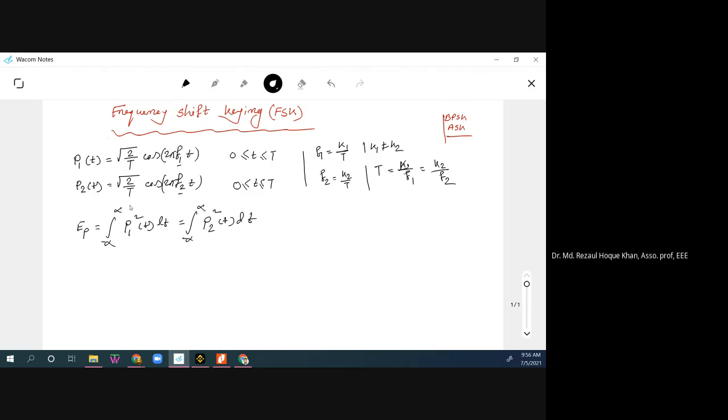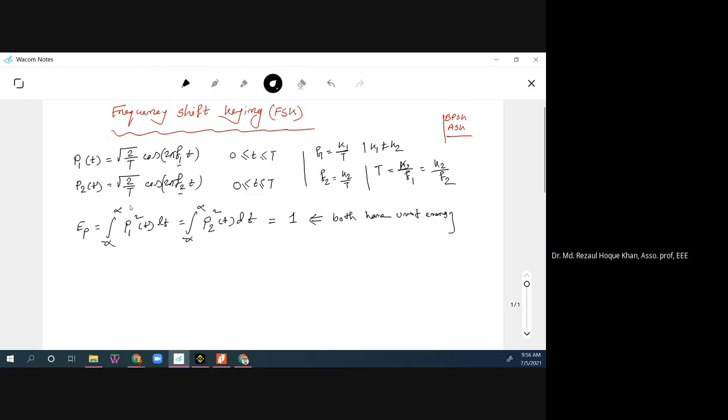From the previous case, we already found that their value is unity. So it's normalized to unit energy, that's why it's marked as EP. So, like our previous cases of BPSK and ASK, both have unit energy.